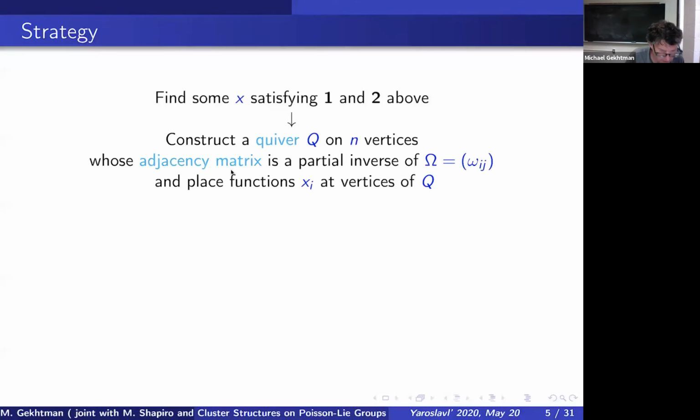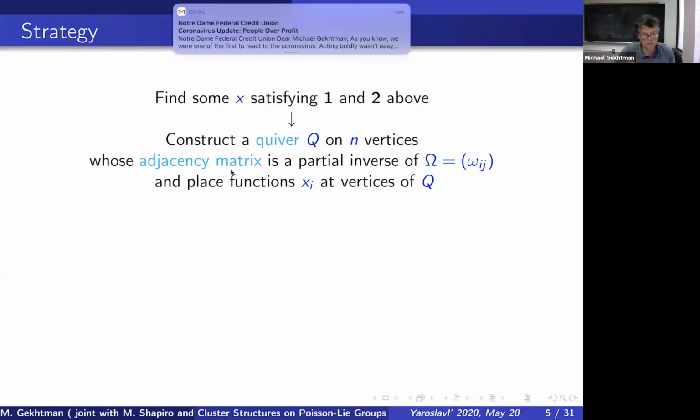Then we're getting into cluster business right away. I will explain how this step works. We will construct a quiver, a directed graph on n vertices, where n is the dimension of our variety. What is this graph? On the previous slide, we had this matrix omega ij, made out of rational numbers.